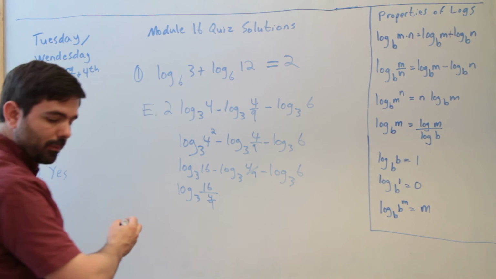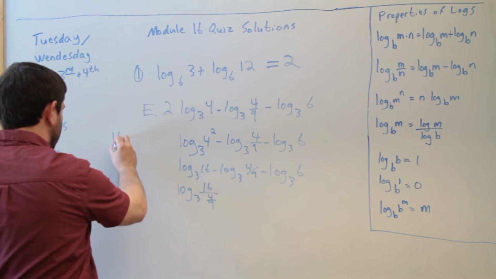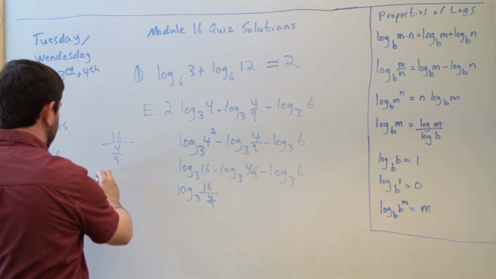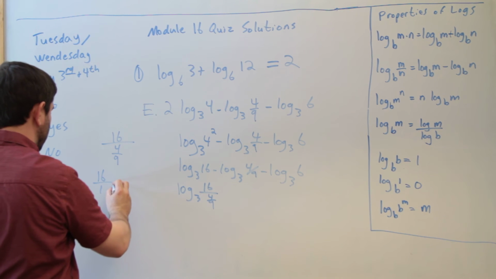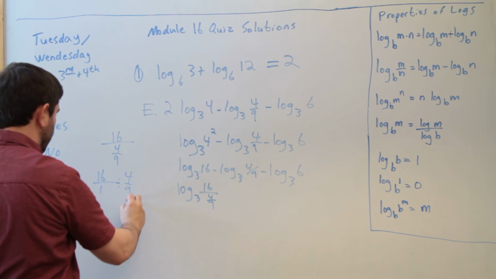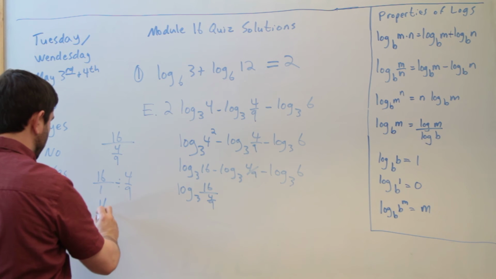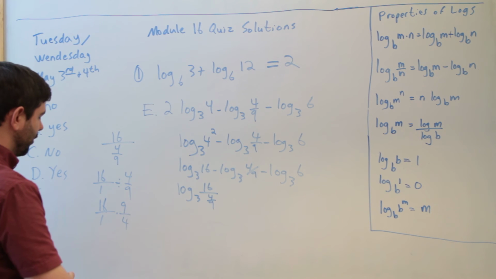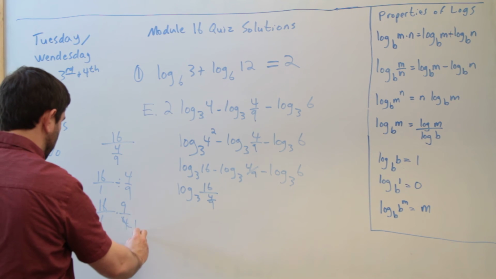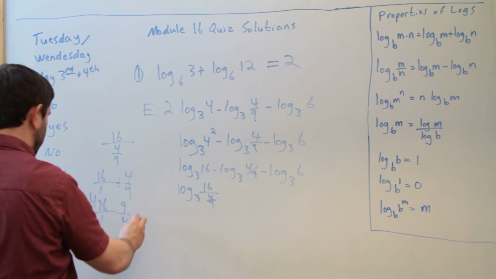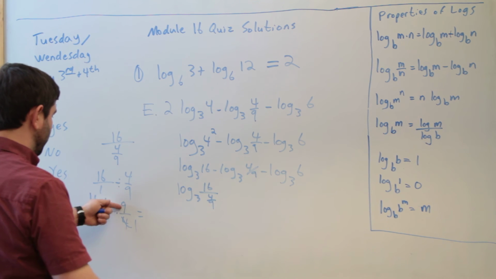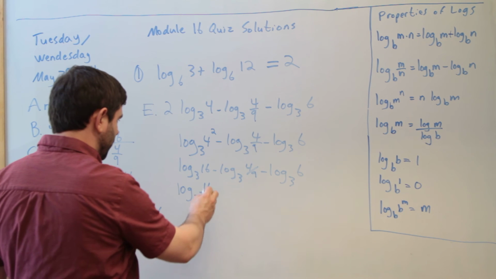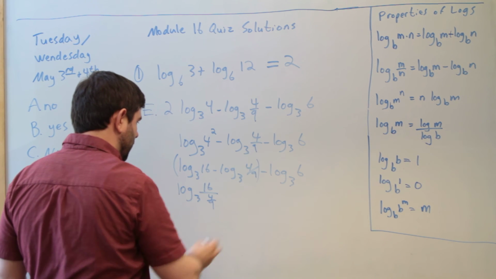Log base 3 of 16 over 4/9. Now let's do a little bit of algebra over here. 16 divided by 4/9 is the same as 16 multiplied by 9/4. Cancel, cancel. 4 times 9 is 36. Okay, so that was this guy right there.